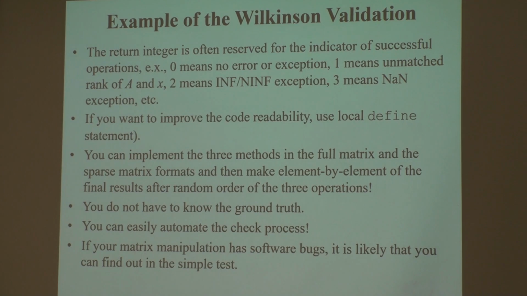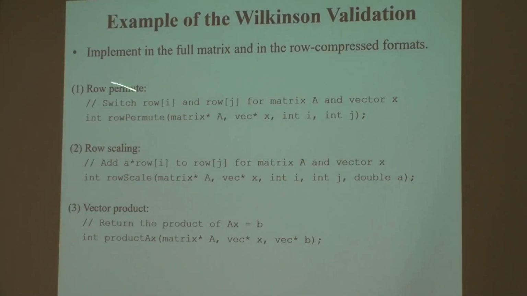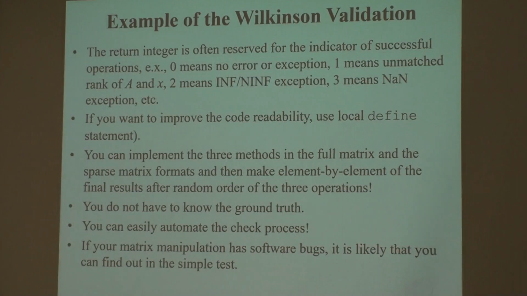You just implement the three matrix operations in two data structures. Input a random matrix, and then compare your full matrix answer and sparse matrix answer. They have to be identical, element by element.